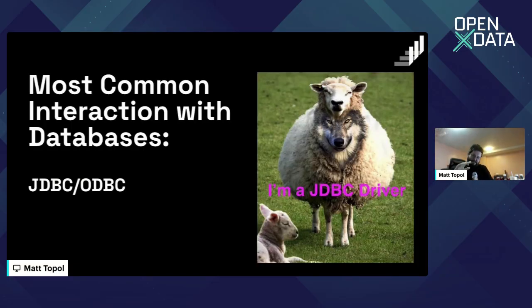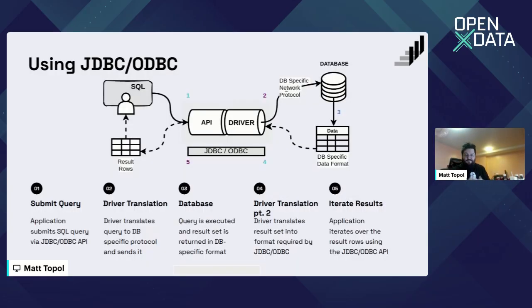So now that we've sped through what Apache Arrow is, let's talk about what I'm actually here to talk about. The most common way people interact with databases nowadays is still, unfortunately, JDBC and ODBC. In your typical case, you have your application. You send your SQL query to the ODBC or JDBC API.